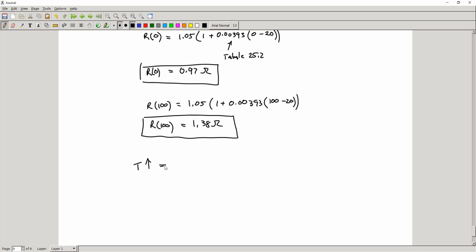We're dealing with copper here, so we expect this to be the case. And do we see that? At 0 degrees, we saw a resistance of 0.97, and at 100 degrees, we see a resistance of 1.38. So we do see that behavior.